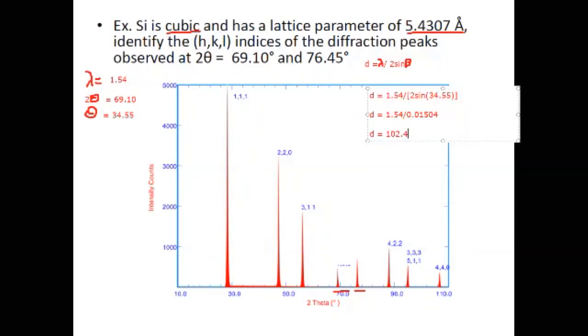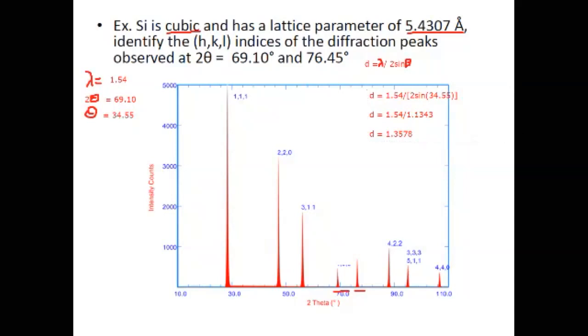Oh, no duh, that's wrong. You should use a cell phone for a calculator. I get 1.1343. And I get a d spacing of about 1.3578.